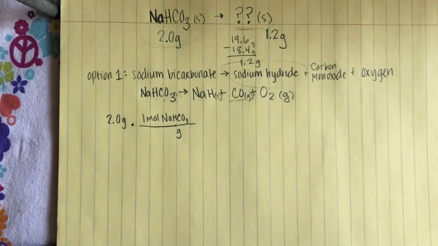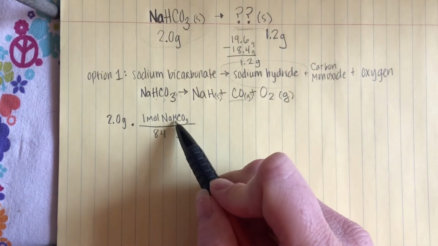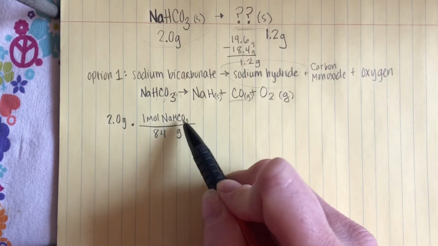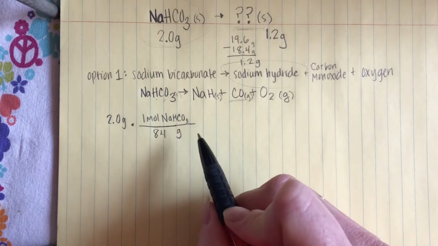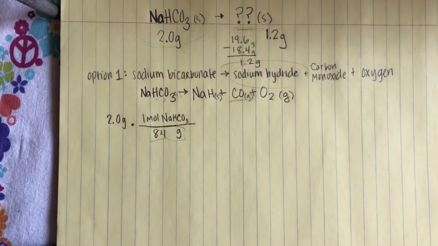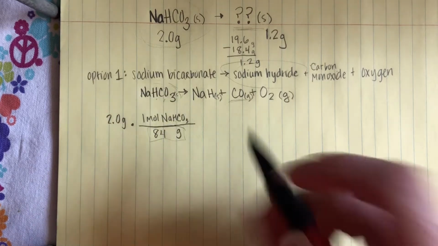If we add all that together, we should get 84 grams. 23 plus 1 is 24, plus 12 is 36, plus 3 times 16 is 48. All of that added together should give us 84 grams. You've calculated this before in class. And when we multiply that out, we figure out that that is about 0.024 moles of sodium bicarbonate.